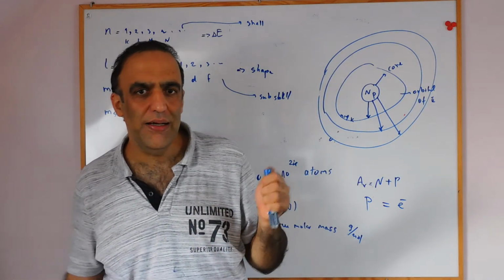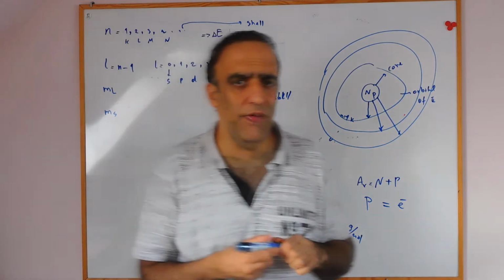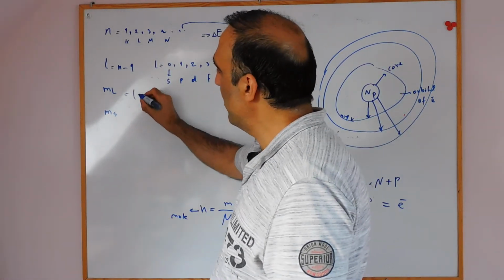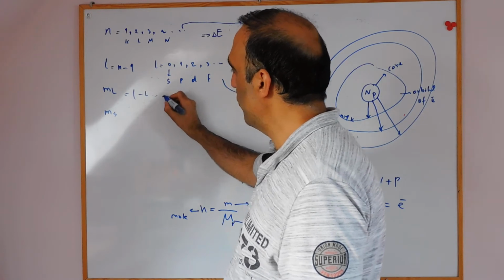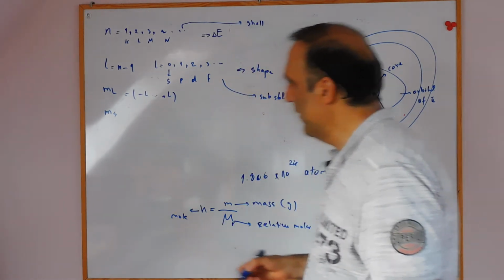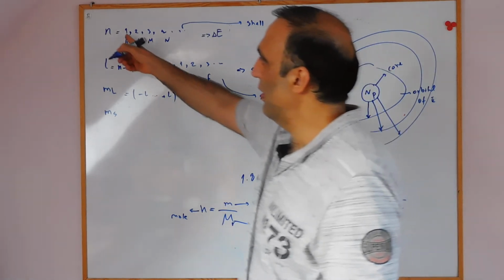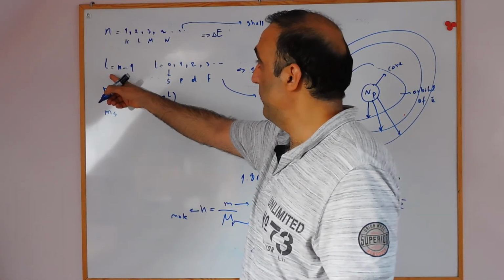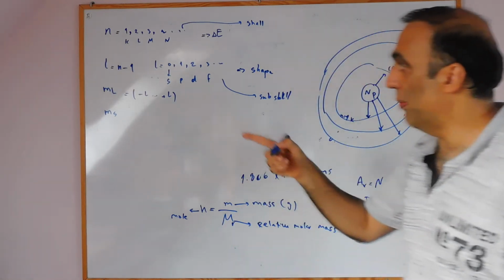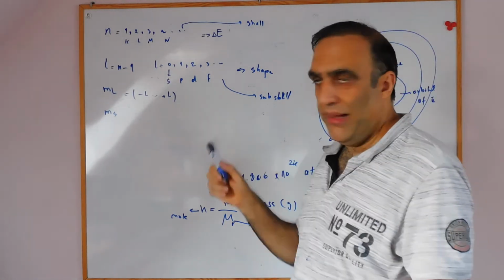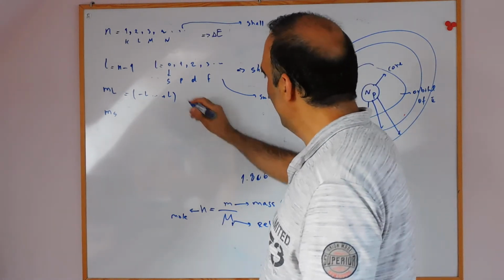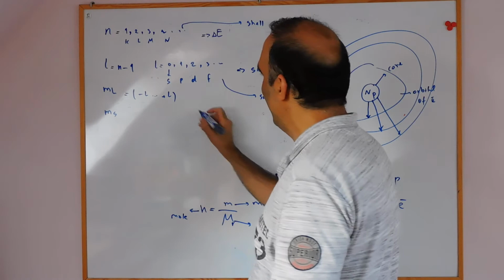And the third one is the magnetic quantum number, which runs from minus L to plus L. For example, in the first layer, N is 1, the angular quantum number L is 0, which is S, and the magnetic quantum number is 0.